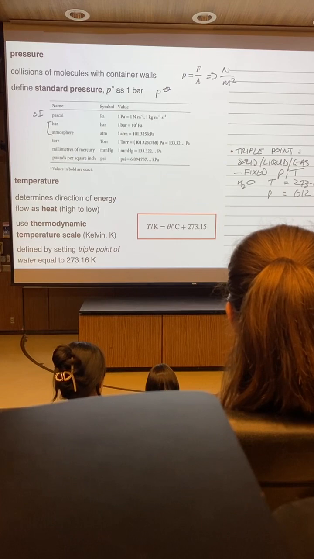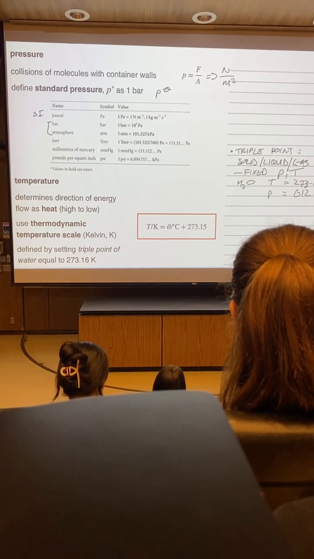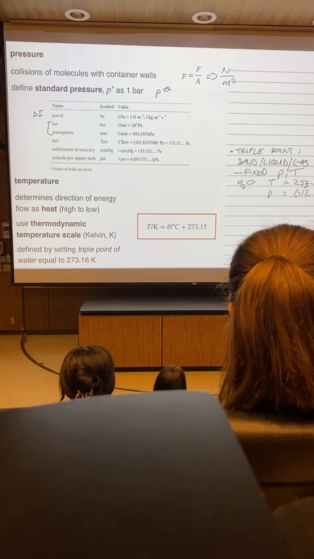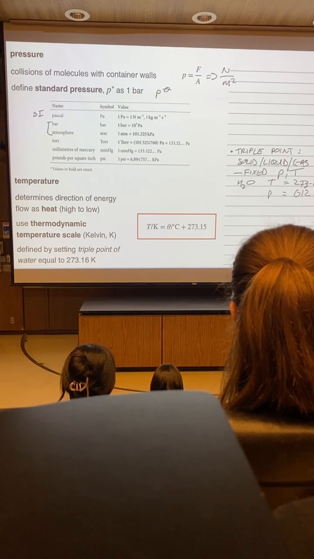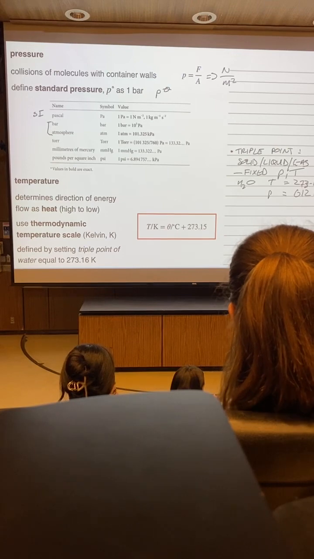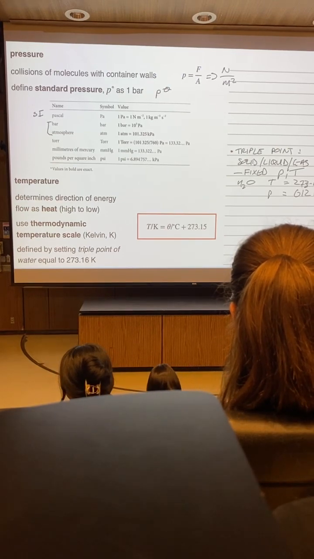Okay, so it's a low pressure and a roundabout freezing. And that's where you're going to have solid, liquid, and gas, all three phases present in equilibrium. Okay, so they are all equally likely to happen at that particular temperature. Any change in temperature or pressure moves you away from that point. Okay. Well, that's our definition of the thermodynamic temperature scale.